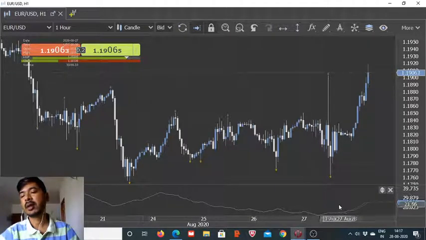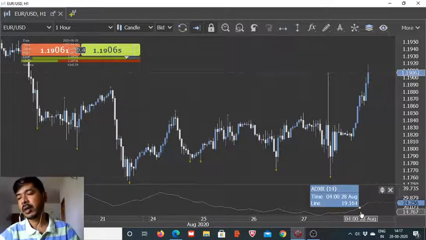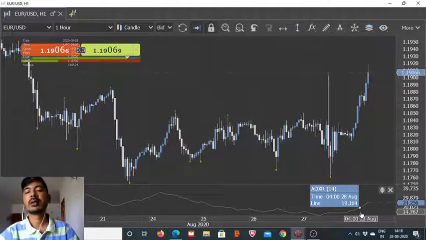And as I said while starting as well, the lag is there because this is the average of the ADX values, so we have more lag in the case of ADXR.